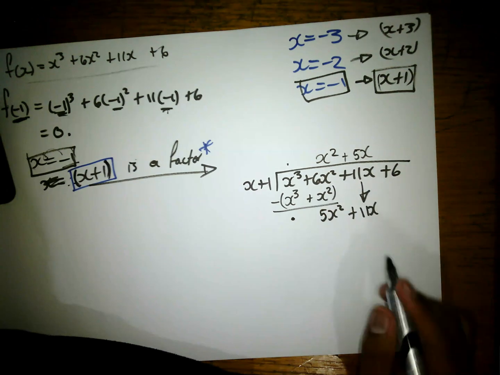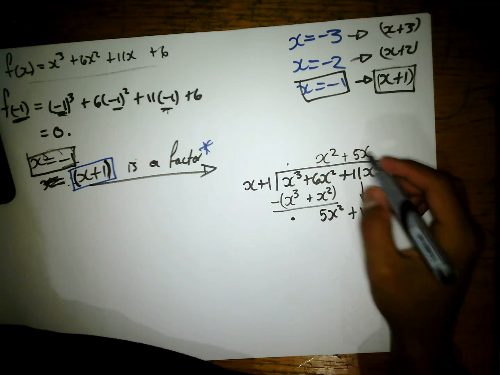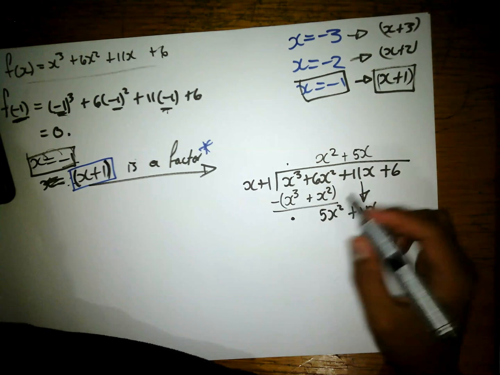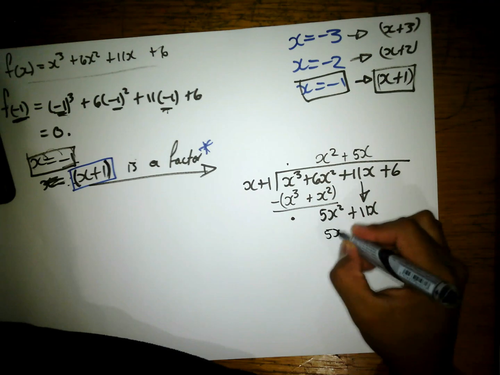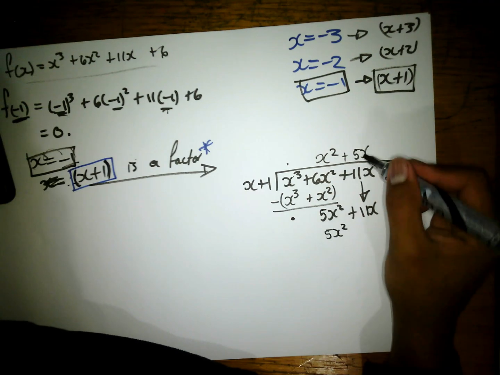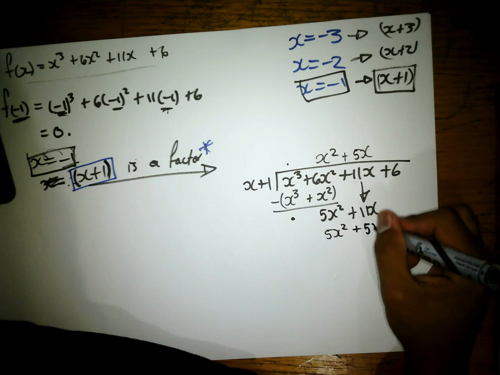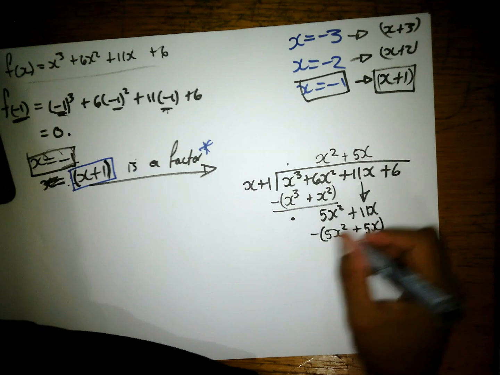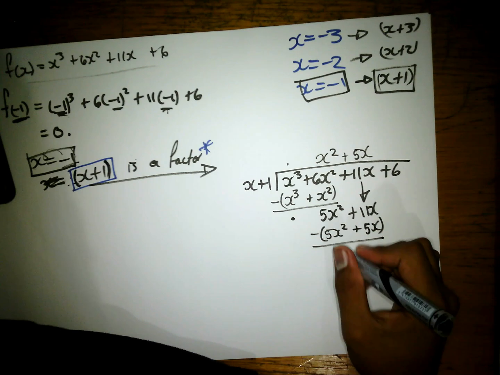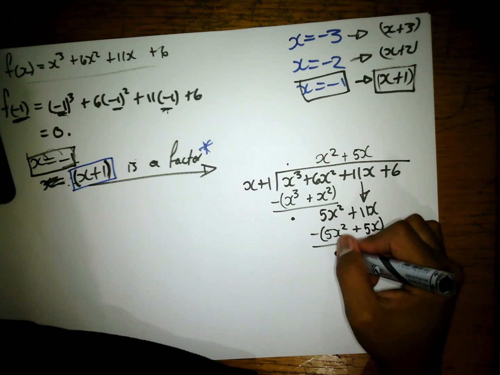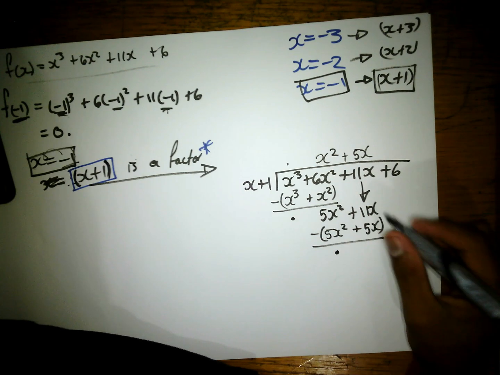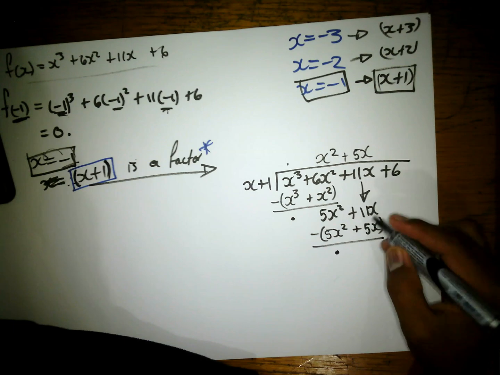Always will cancel, always. So 5x times x is 5x squared. 5x times 1 is 5x. Then again we minus. 5x squared minus 5x squared is nothing. 11x minus 5x is 6x.